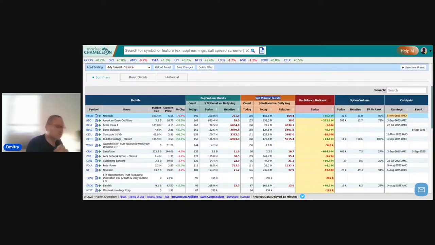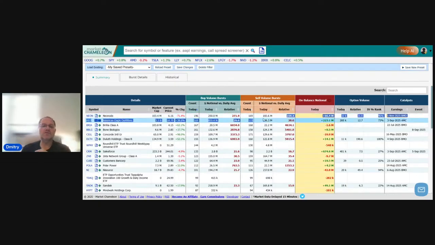On both the buy side and sell side, you could see that it had $250 million worth of buy bursts and $183.6 million worth of stock in sell bursts.